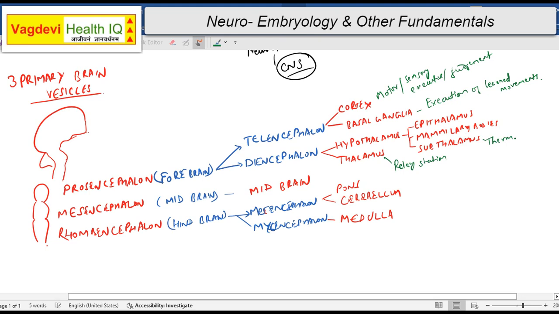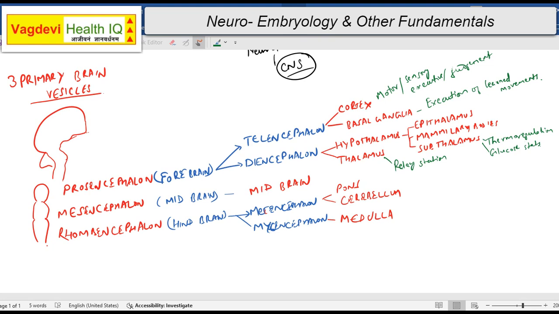Thermoregulation. Very important, right? Then you have even the glucose states. Whenever your glucose is dropping, your hypothalamus is sensing that, and that's where you get hungry. Do you know that?